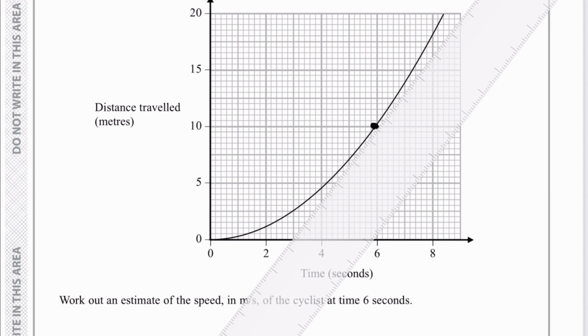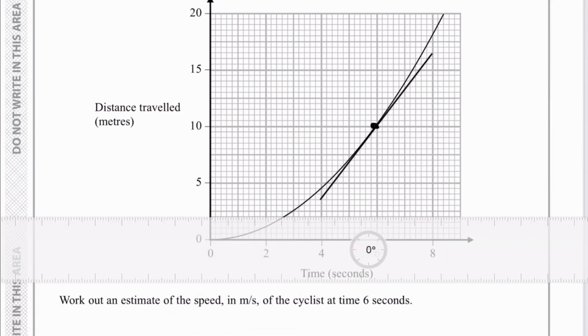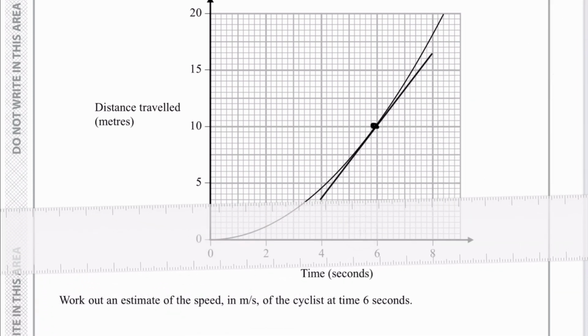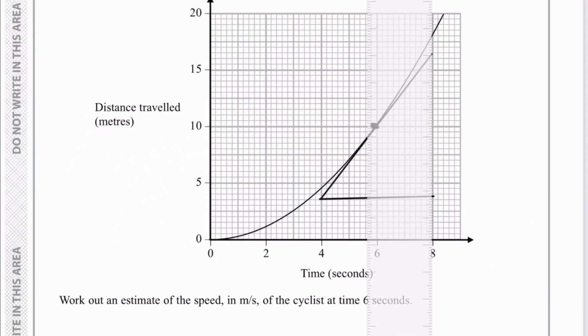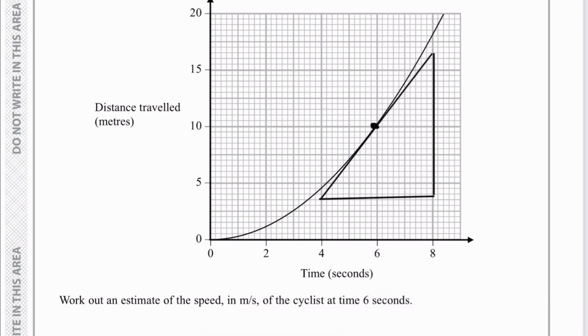Now this is going to be perhaps different for everybody, but it will give you a little bit of an idea about how we can do these sorts of things. So if I just draw this triangle along here, it's going to allow me to calculate a time change of 2 seconds and a distance change of a little bit more than that. Okay, so let's have a look at the formula.